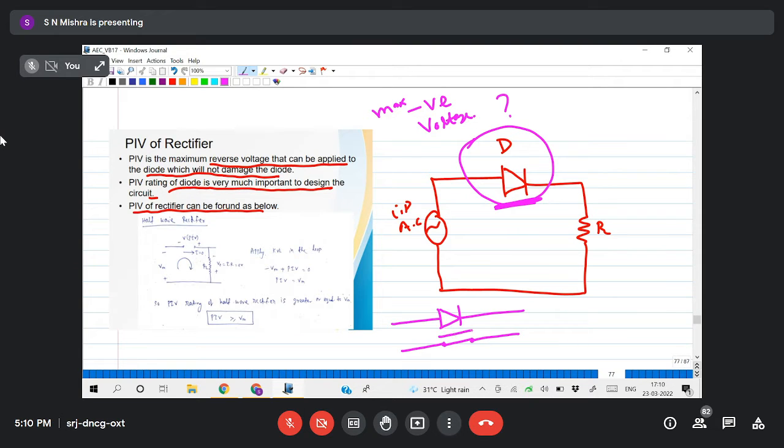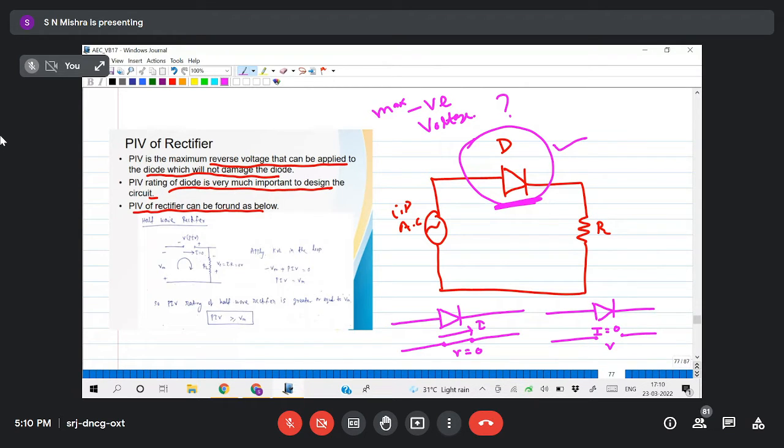Short circuit means current will be there and voltage is 0. Reverse bias means when the diode is connected in reverse bias condition, then it will be an open circuit. Open circuit means, what is my current? 0. But I should get some voltage across these 2 points. They are not shorted. So ultimately I need to reverse bias this diode so that I can find the maximum voltage across the diode.